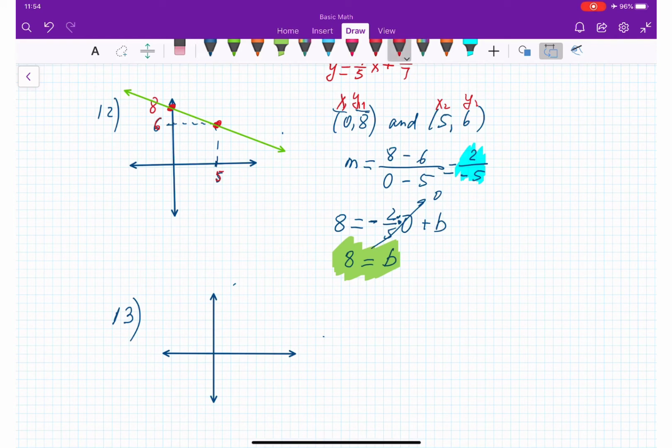We need to draw the graph, and based on that given graph, we need to find equation. So we know that one point is located here, 0, 0. Another one is positive 5, negative 4. So if this is 5, so this will be approximately negative 4.